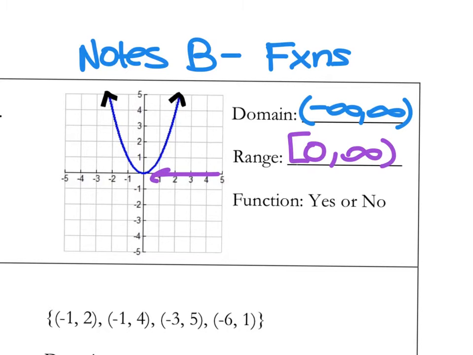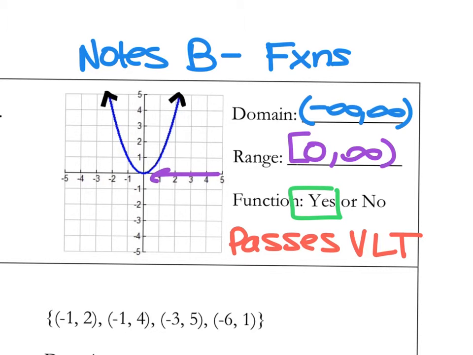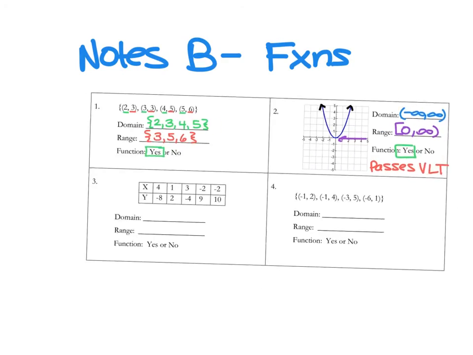I can't do the floating line here, but essentially, if you draw a floating line, the line should only touch the function once at a time. It should never touch the function twice at a time. And in this case, it is a function because the vertical line test is passed. So yes, because it passes the VLT, the vertical line test.